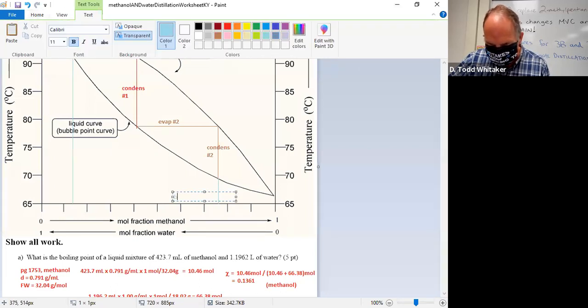No, B. Symbol, I think it was lowercase c. Maybe it's uppercase. Uppercase C, methanol equals, what did I say, 0.76? And I want that to be what font?